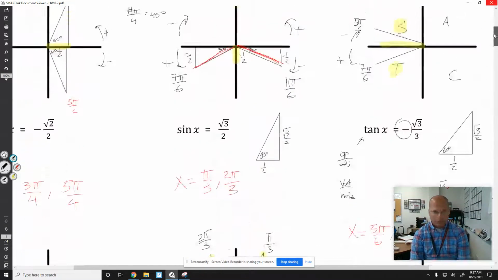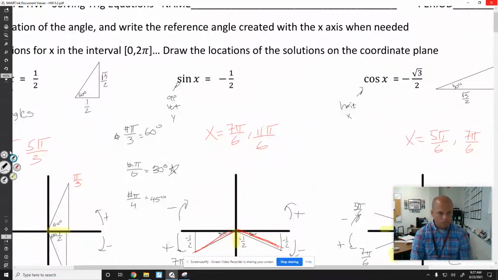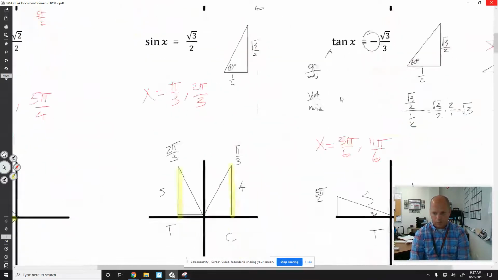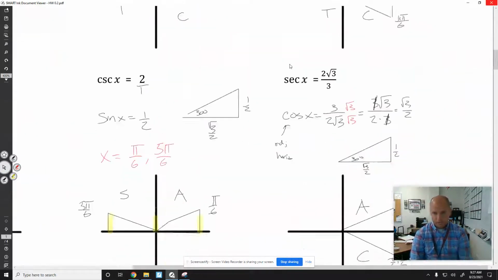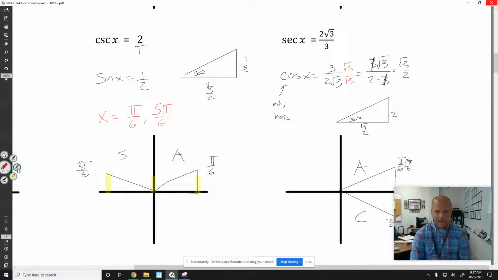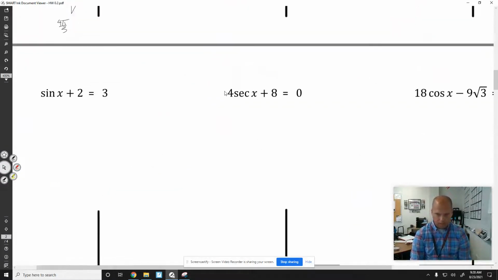But we are told from the get-go that we want our solutions between 0 and 2 pi, which means we're not looking for negative solutions, and we're not looking for solutions that are beyond 360 degrees or beyond 2 pi radians for now. But in the future, we might have to explore. So I'm just talking pi over 6 and 11 pi over 6. And by the future, I mean later in this homework.